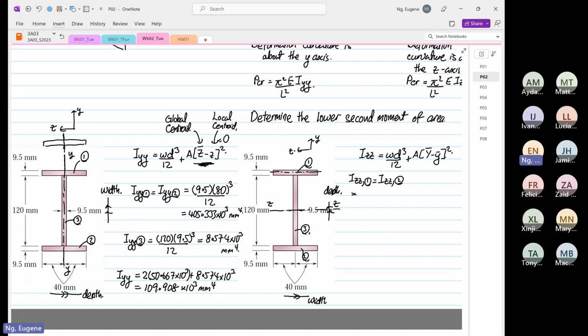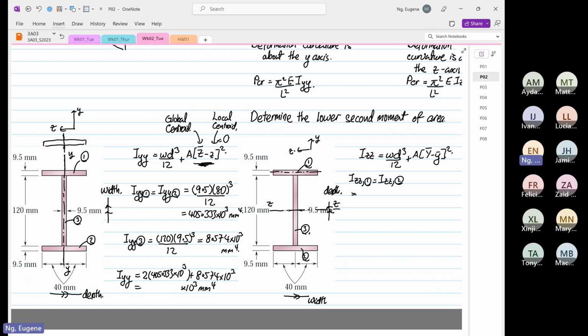Let me try again. 80 to the power 3 divided by 12 times 9.5. The width is 9.5, the depth is 80. Okay, so this is 405.333 times 10 to the power 3.